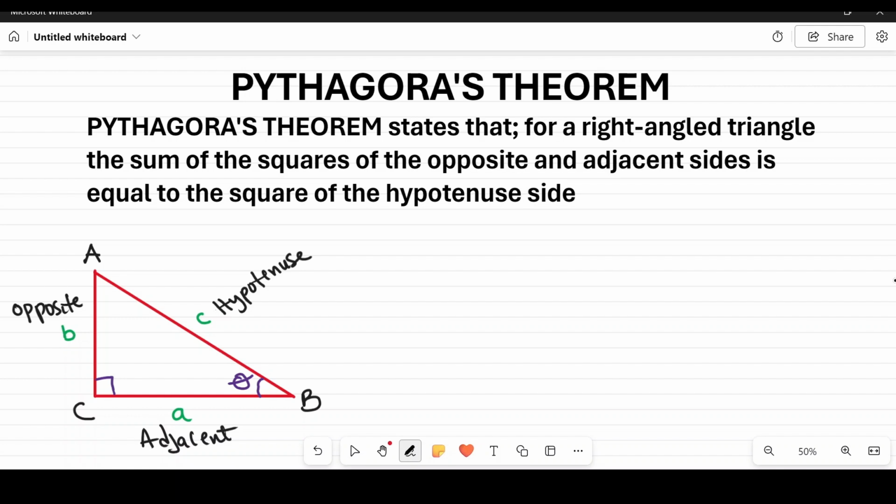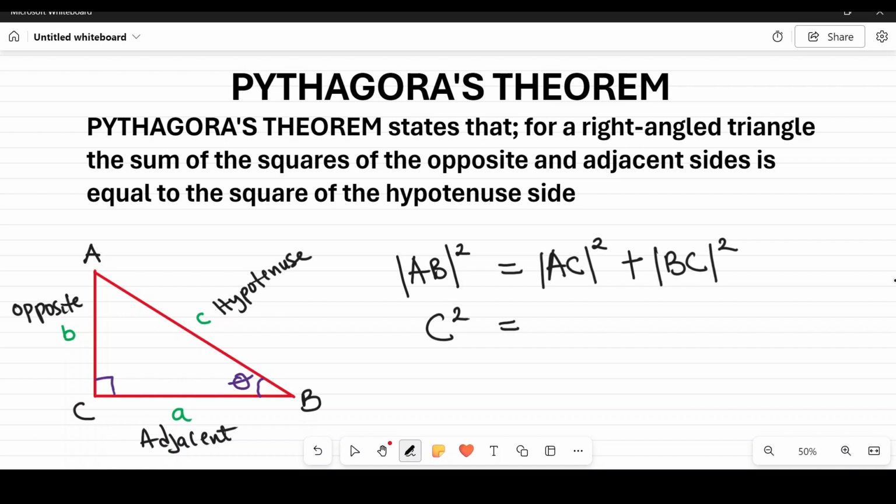We are establishing that AB all squared is equal to AC all squared plus BC all squared. Thus, this can be represented as C squared equals B squared plus A squared, and we can arrange this to become C squared equals A squared plus B squared. This is known as our Pythagoras Theorem.